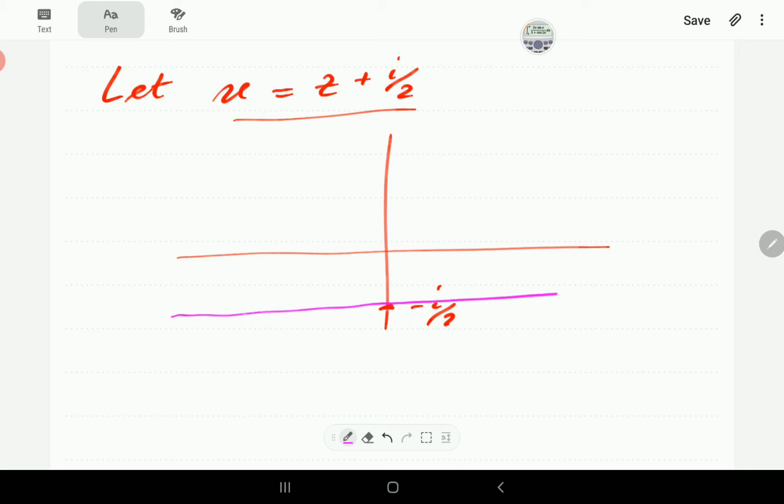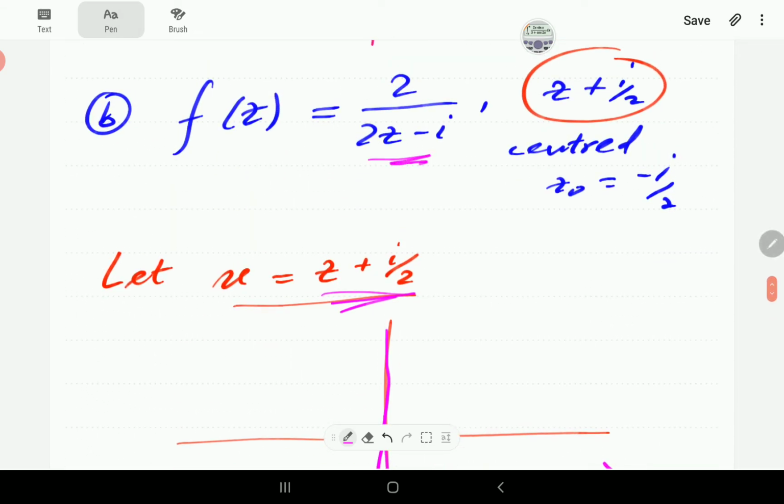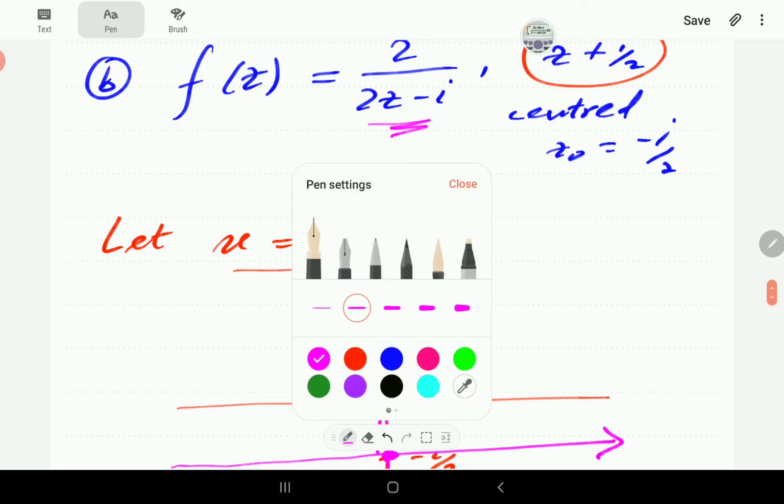In the u-plane, it's going to look like this, where the origin is now going to be at minus i/2, which you get by equating this to 0. So the pink is going to be your u-plane, and the red is the z-plane. So what we need to do is to write this in terms of u.